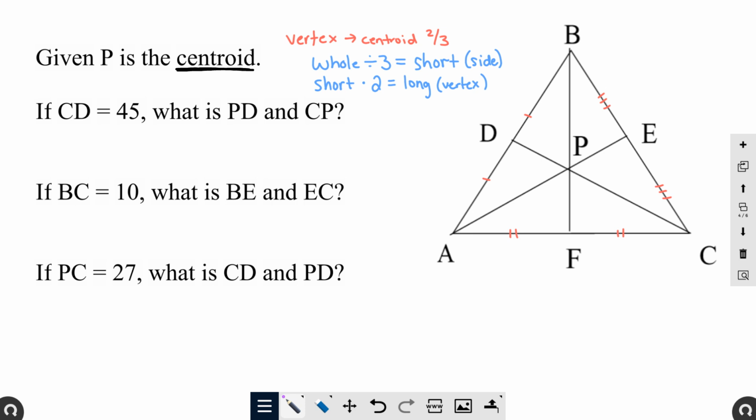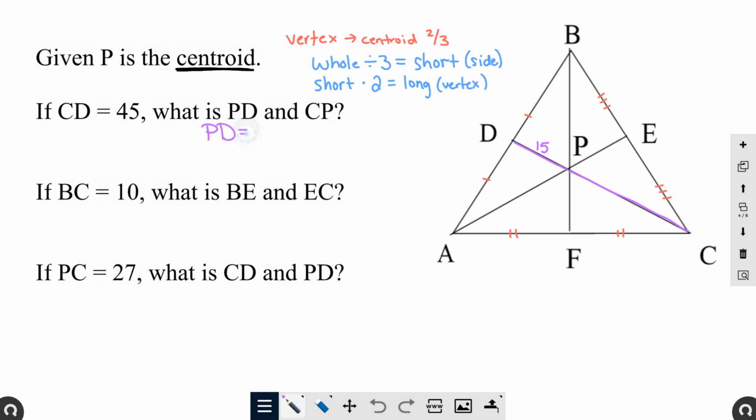All right, so first question says, if CD is 45, so if I travel that distance from C all the way to D, that's 45. Now, what am I going to do with that whole distance? Divide it into 3. So what's 45 divided by 3? Well, what part would be 15? The short piece, which is PD.